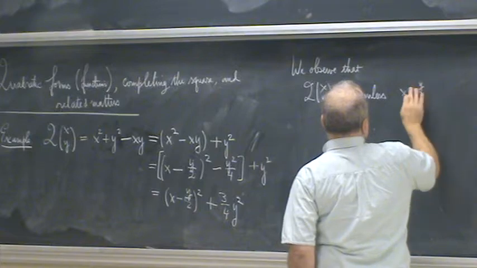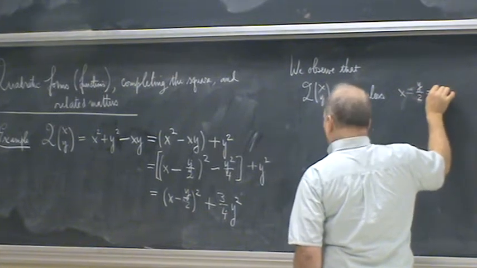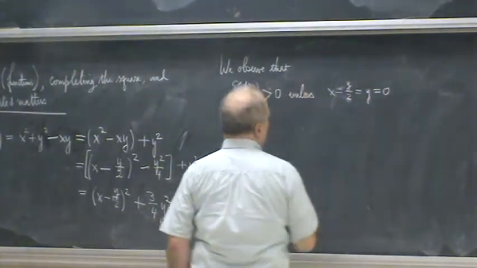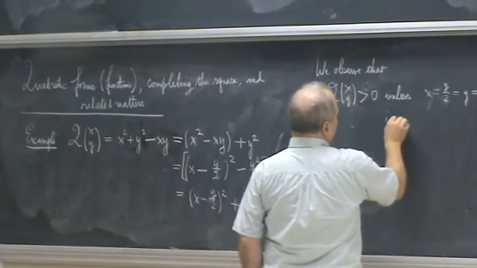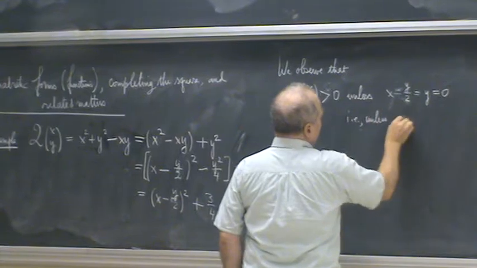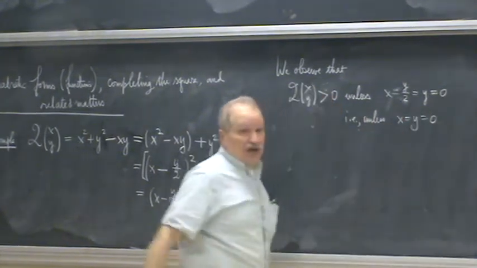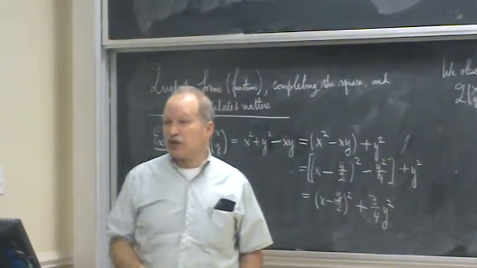X minus y over 2 and y are both 0, i.e. unless x and y are both 0. So except at the origin, that function's always positive.